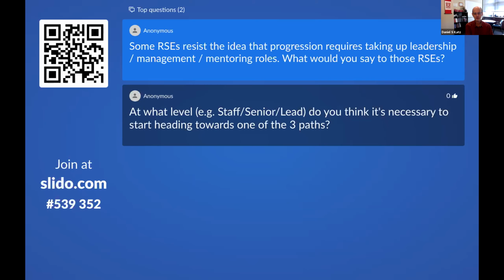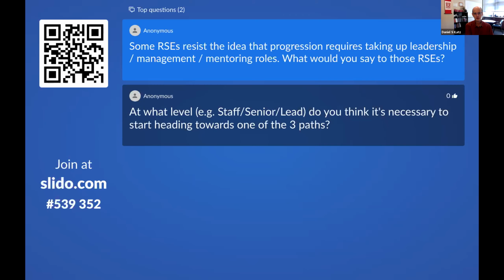Can we create new opportunities for them to move further, whether that's within an RSE role or moving outside of an RSE role? So in some sense, you could think of this as not necessarily different from a faculty role, kind of using the US example. Somebody may be an assistant professor, then an associate professor, then a full professor, and lots of people are happy being a full professor, and they stop there.